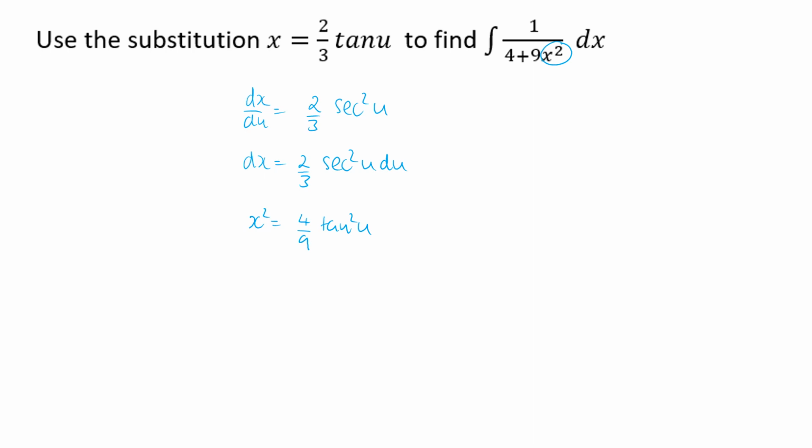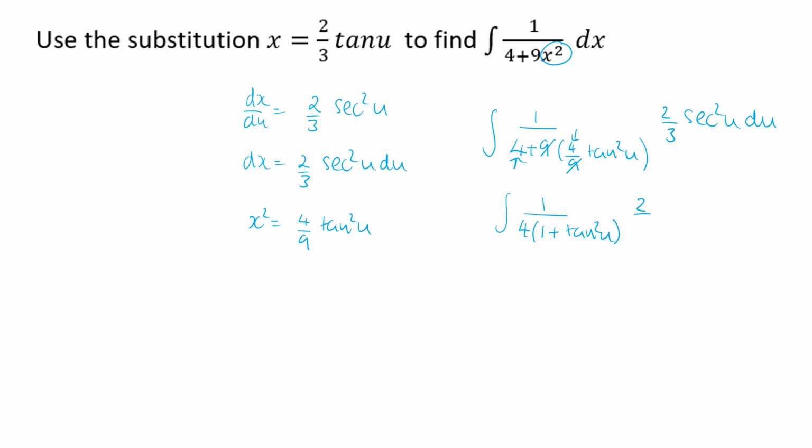So now let's make the substitution. It's going to be the integral of 1 over 4 plus 9. What's x squared? It is 4/9 tan squared u. And then dx is 2/3 sec squared u du. So these 9's here will cancel, and I've got a 4 and a 4, so that can come out as a factor on the front, and then you'll have 1 plus tan squared u, which is sec squared.